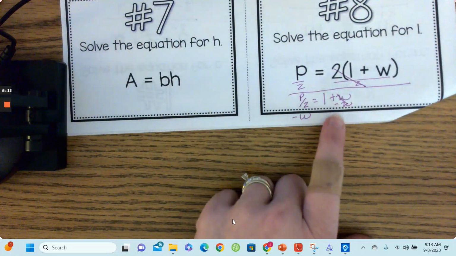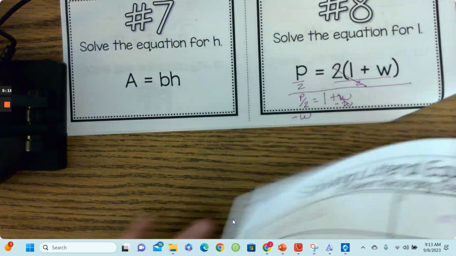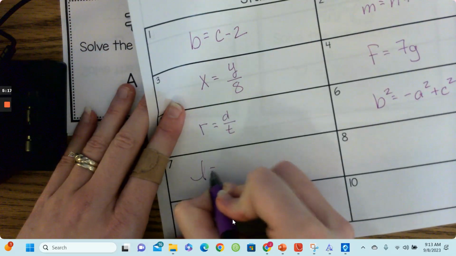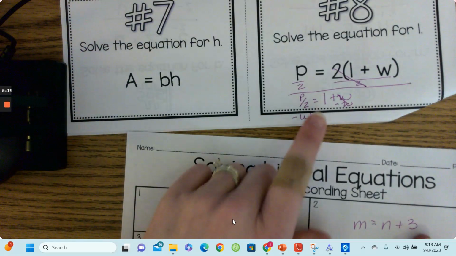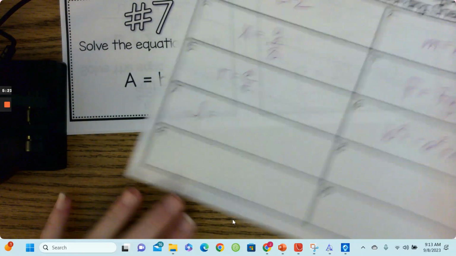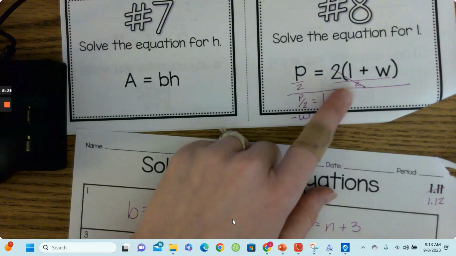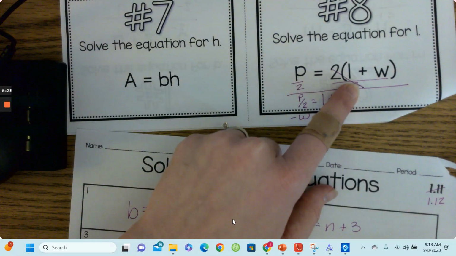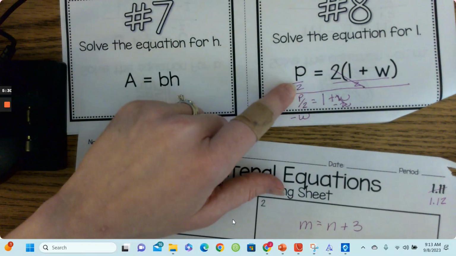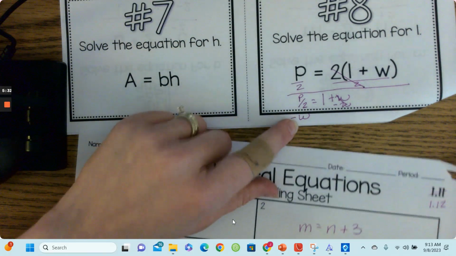So when I write it out, so that's going to cancel for me. I'm going to put the L first. And I don't like using L's like this because that looks a lot like a 1. But I would do P over 2 and then minus the W.